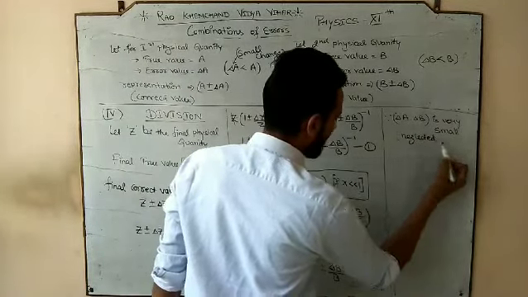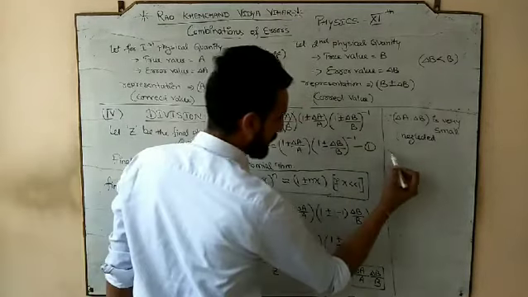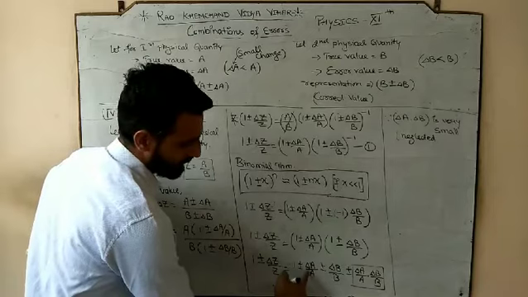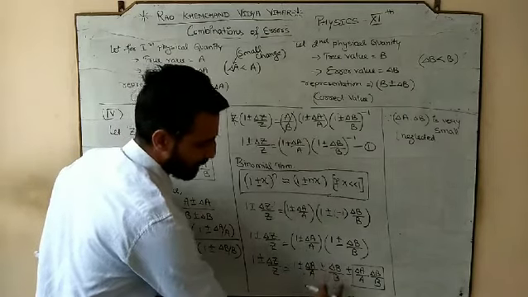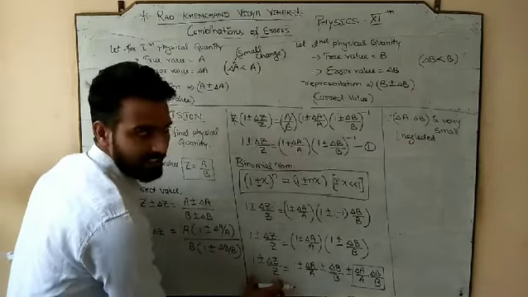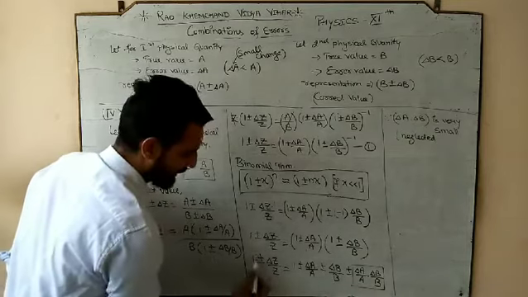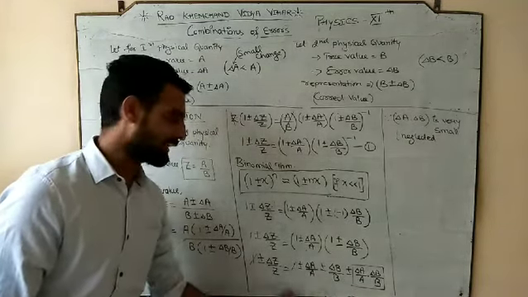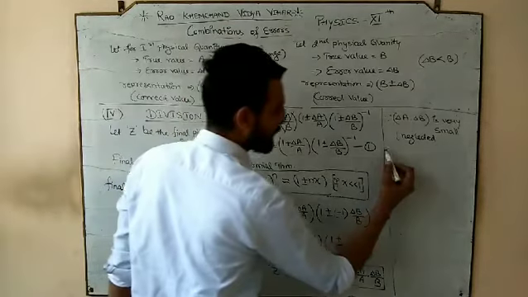And if it is neglected, what is left to us? 1 plus minus delta z by z is equal to 1 plus minus delta a by a plus minus delta b by b. This is the only part that is left to us. This is being neglected, and this 1 cancels with the 1, because when it goes on this side it would be negative. So what is left?